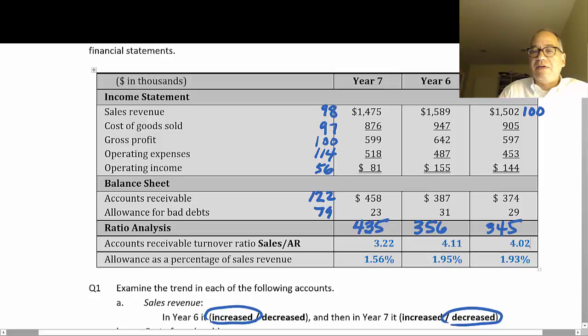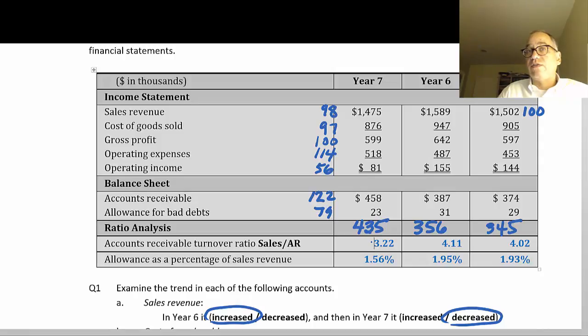And you can see what happened here: accounts receivable turnover increased, and increased even more in year 6. But in year 7, as sales went down, the accounts receivable turnover ratio also went down, meaning that the cycle of collecting money has slowed down.